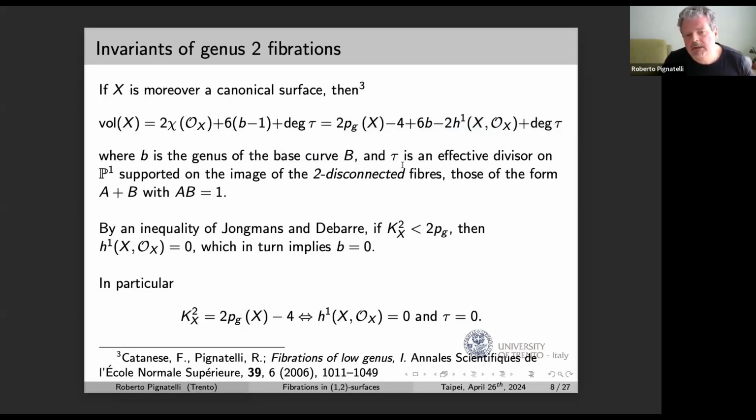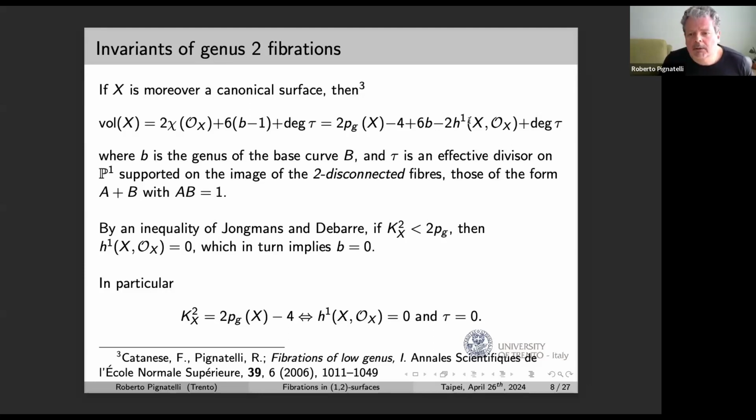So this counts how many fibers are of the form of two disconnected components, with some multiplicity, which I don't want to discuss, but is quite expectable. We always have it in algebraic geometry.